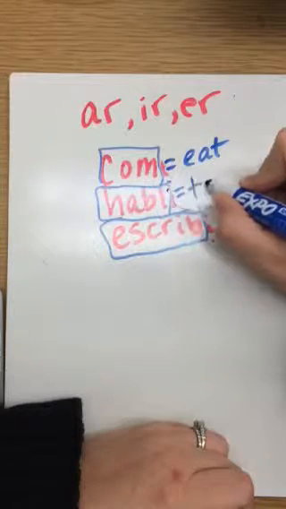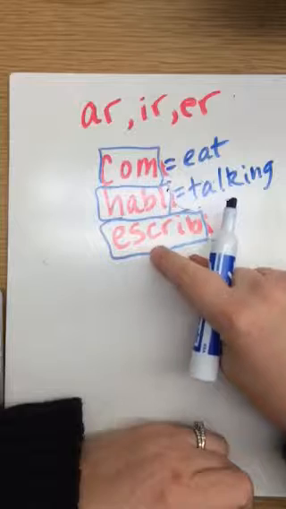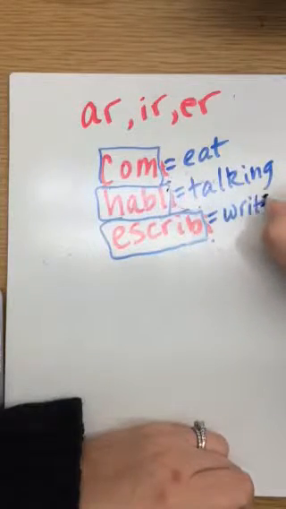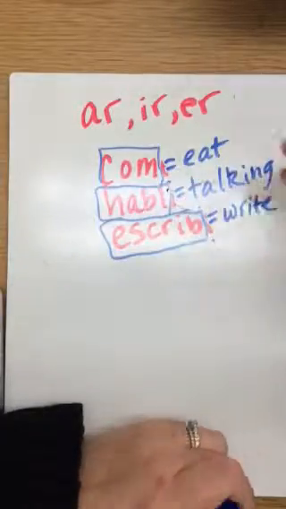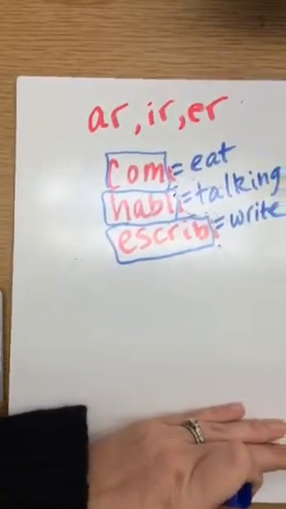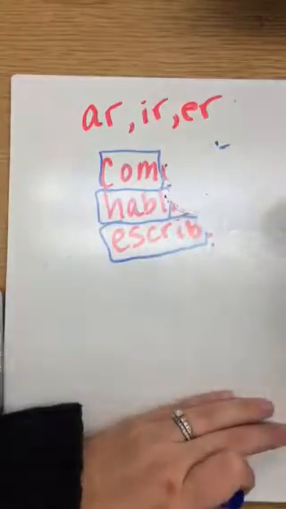HABL lets me know that I'm talking about talking. And ESCRIB lets me know that I'm talking about writing. So I have those things, they're called stems, and once again they let us know what is the meaning of the word. But it's what comes after that stem that tells us who is doing that action.